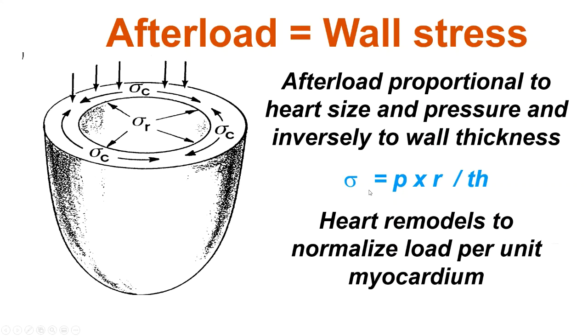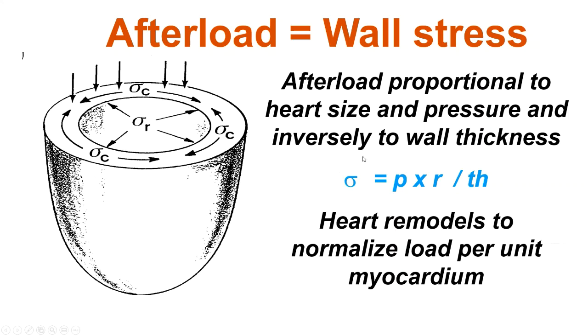One can have a situation, and you see this all the time with aortic stenosis, where the systolic pressure that the ventricle is generating is very high, but because of compensatory hypertrophy, the wall thickness tends to spread out the load and keep the wall stress in the relatively normal range. It will be elevated, but it's attenuated by the increase in wall thickness.